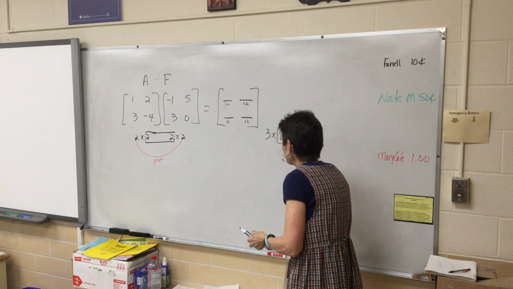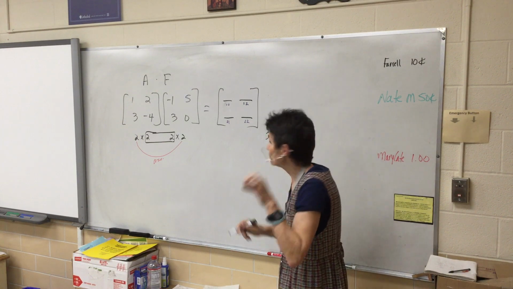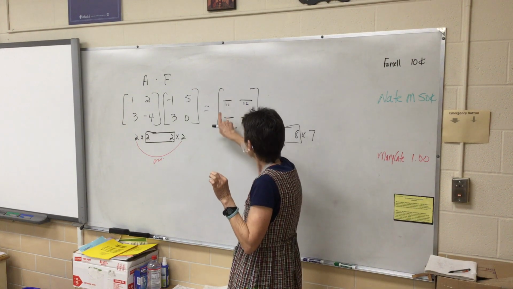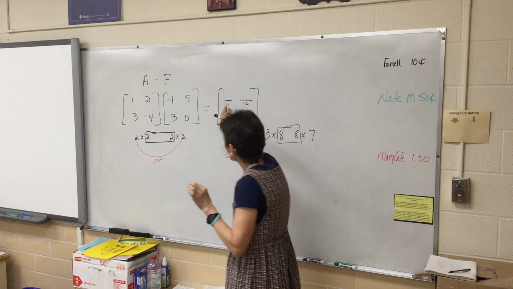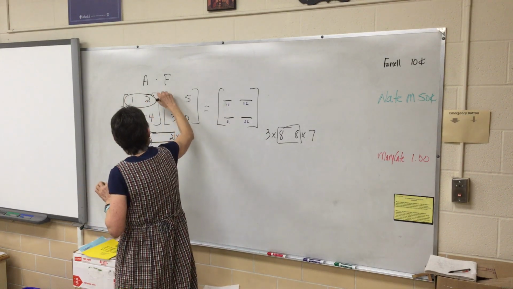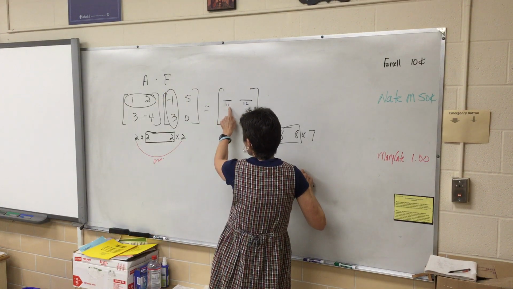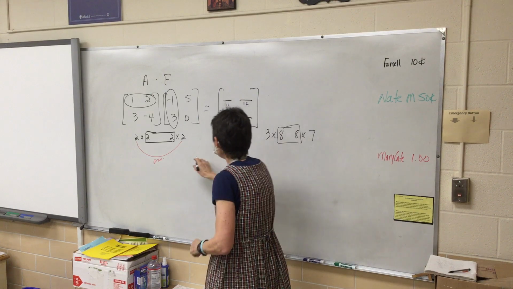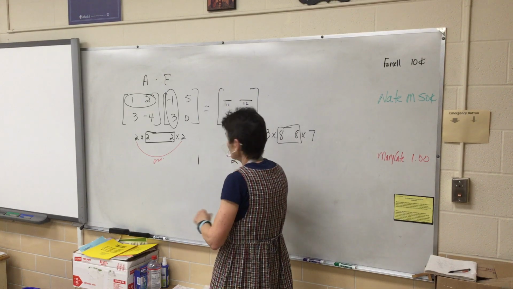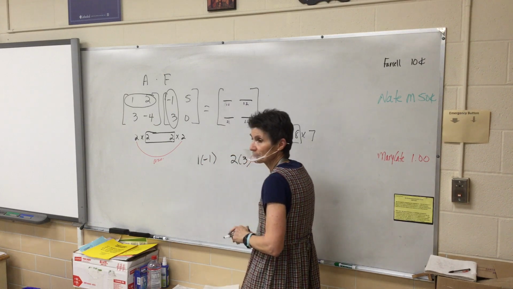Now the reason I identified those is because in order to fill the 1,1 blank, I take the first row times the first column. First row times first column. So I take 1, 2 times -1, 3.